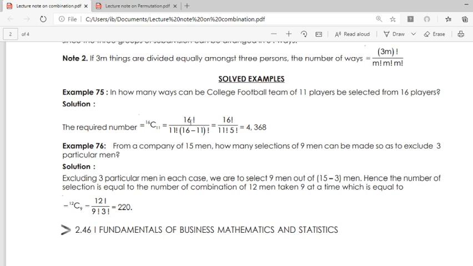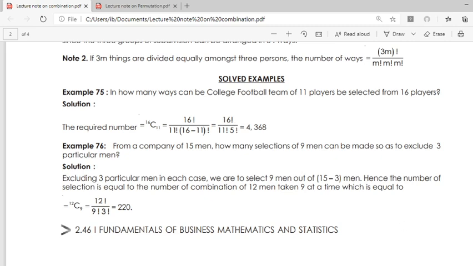Going back to the formula of combination, n factorial over R factorial times (n minus R) factorial, that's how you have 16 factorial over 11 factorial times (16 minus 11) factorial. That's how we got that.